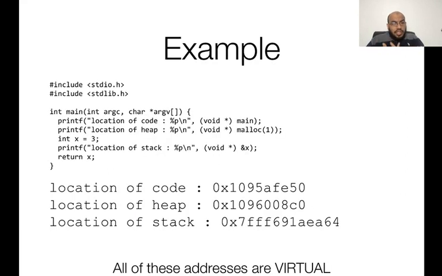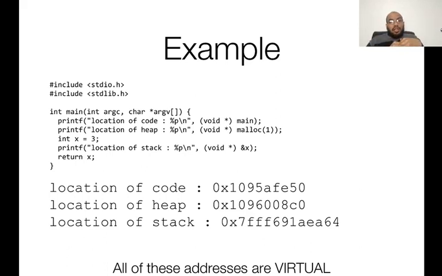Let's look at another example where we are trying to print the memory addresses of different parts of the code. In this very simple example, you start by printfing three different memory locations.